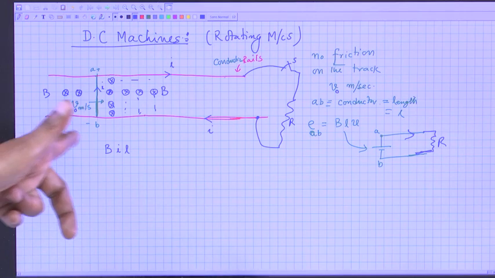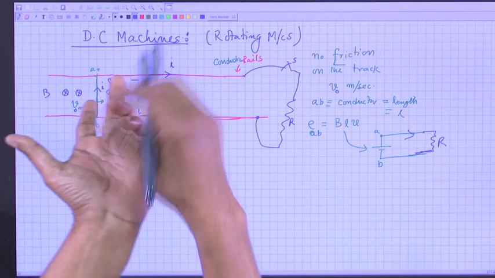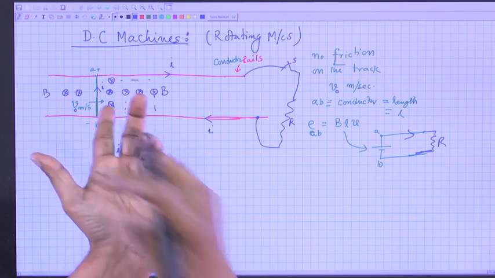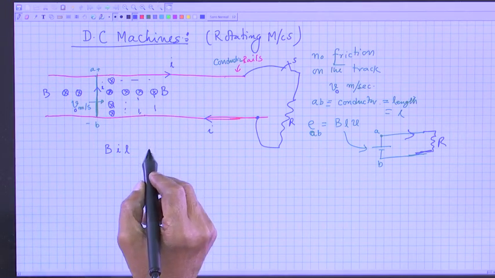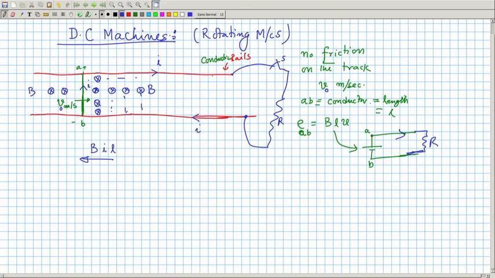You have to apply the left hand rule. B is here, I is this finger, and the thumb will give you the direction of the force. So, BIL, this much force will act in this direction, opposite to the direction of motion.